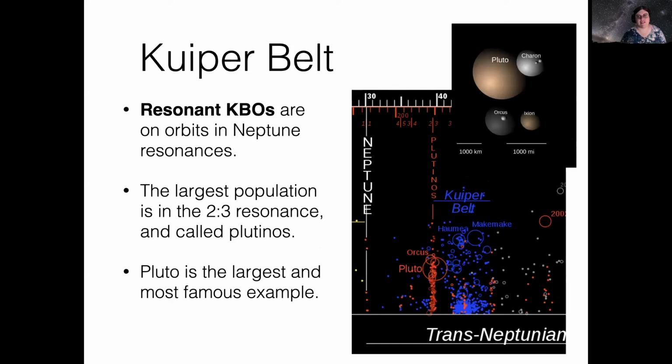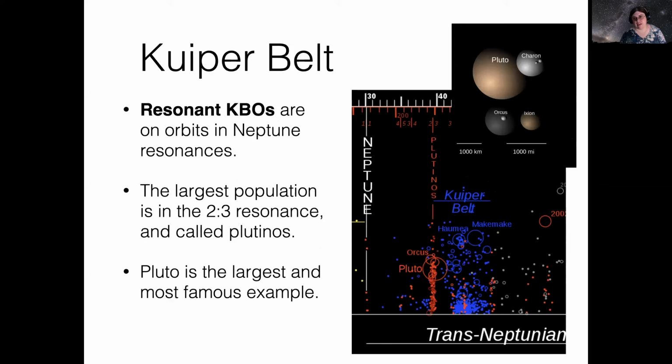Now, the other thing that's in the Kuiper belt are the objects in Neptune resonances. Pluto is the largest and most famous example. Pluto is in a 2 to 3 resonance with Neptune. Orcus is another big example. You can see Orcus and its moon nearby, in the kind of scale picture.